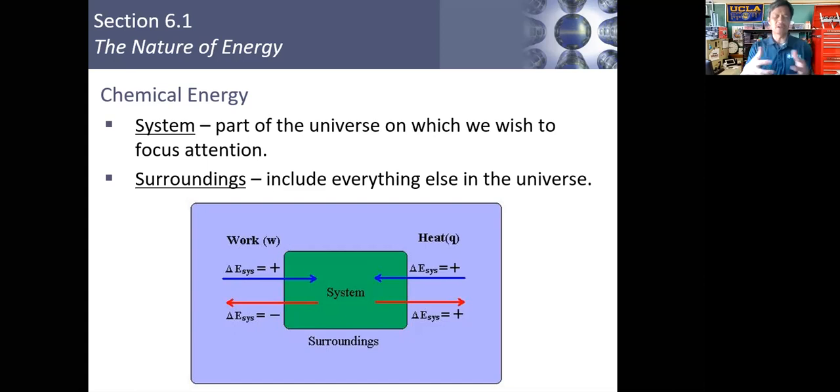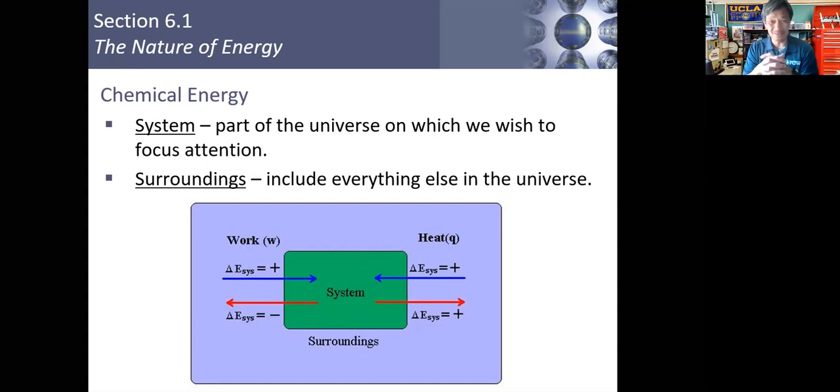From that, we're going to talk about the energy change of the universe, so that the system can change its energy. So make sure you understand that when we talk about the law of conservation of energy, we're discussing the overall energy change for the system and the surroundings as a whole, and that means the energy change of the universe. When we talk about that, the energy change of the universe is constant.